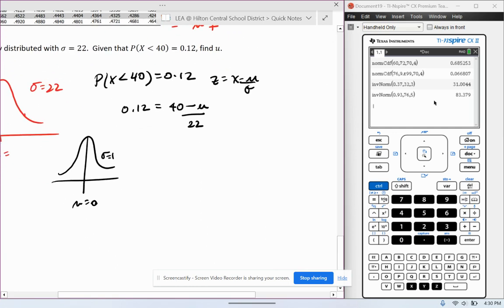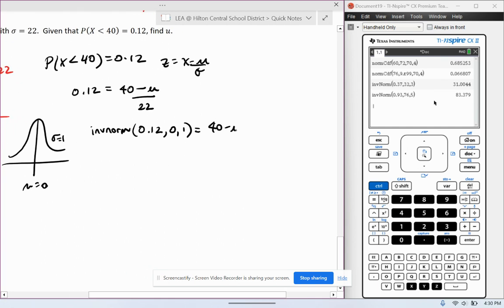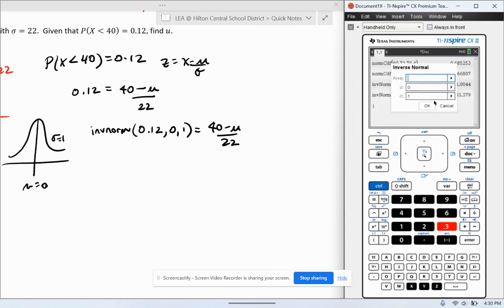All right, so we've got the inverse norm, let's type that in: menu 5, 5, 3. The area is 0.12.